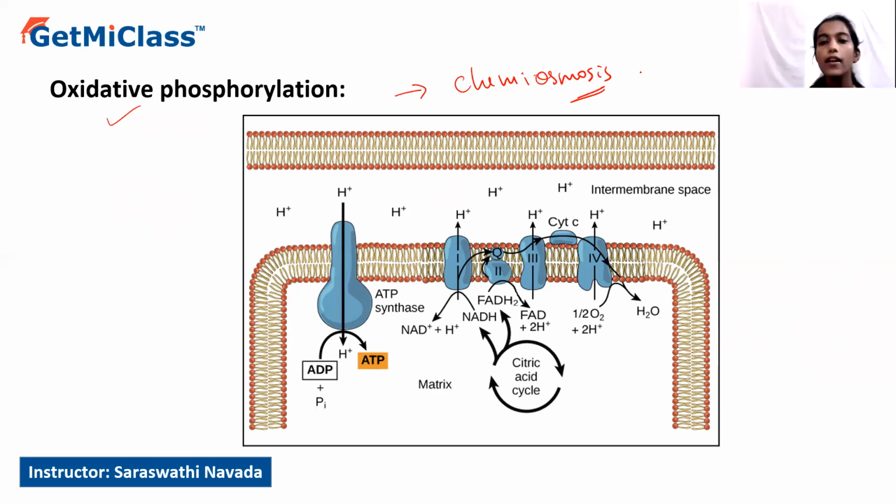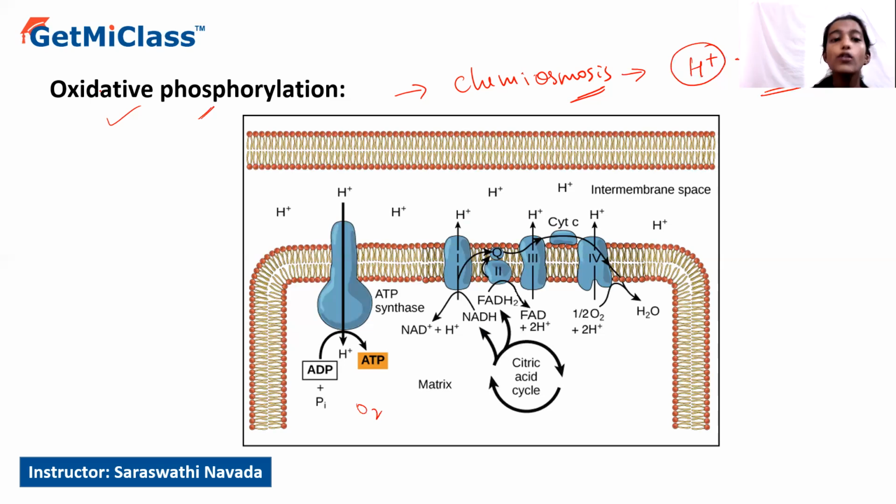According to chemiosmosis, the osmotic movement of hydrogen ions across the membrane is coupled with ATP synthesis, right? Here it is called oxidative phosphorylation because ATP molecules are synthesized in the presence of oxygen. So that's why it is oxidative phosphorylation.